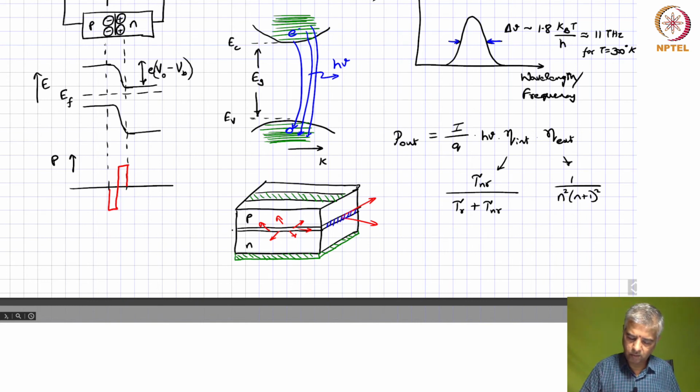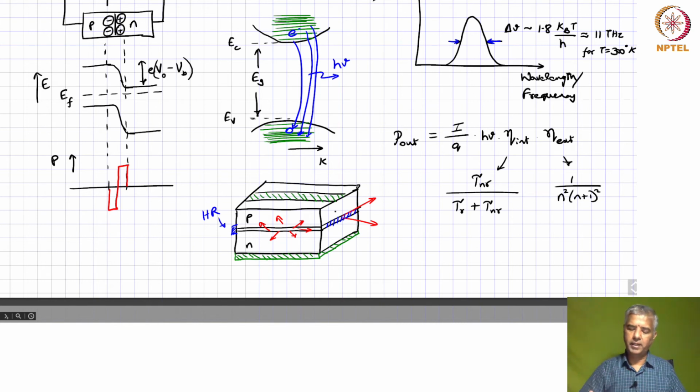You have a mirror coating on this side, maybe a high reflection coating, HR, highly reflecting coating over here, and here this could be a partially reflecting coating, in which case you have what is called stimulated emission happening.